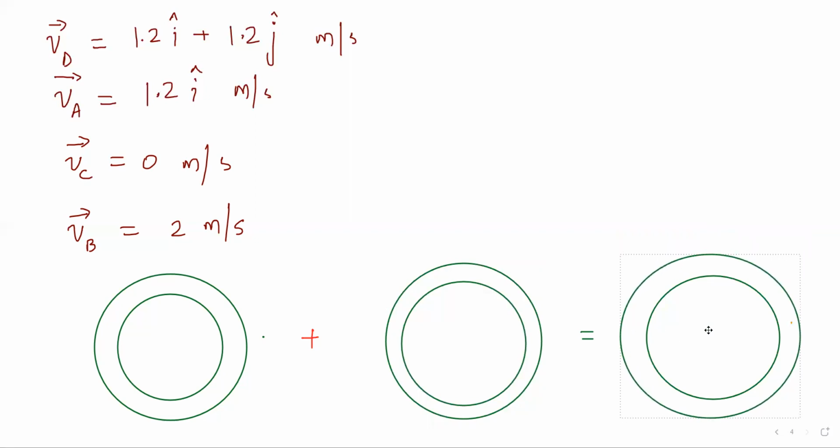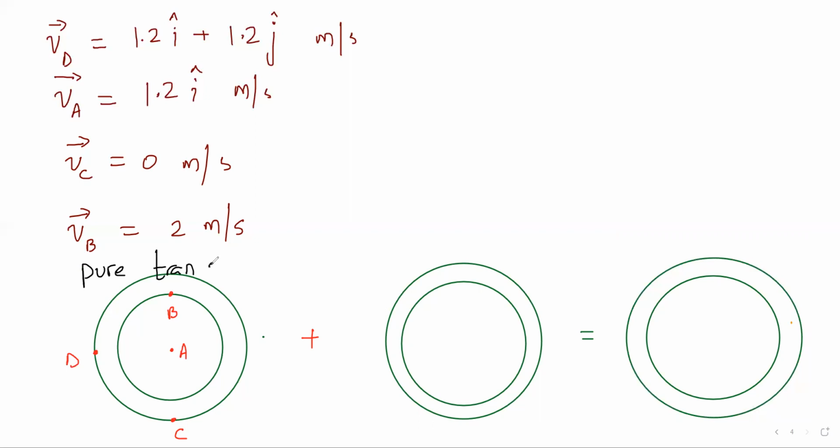So now we will finish by saying this was my B, this was my D, this was my A, this was my C. This one I will say pure translation.